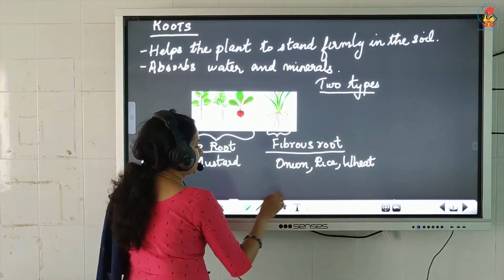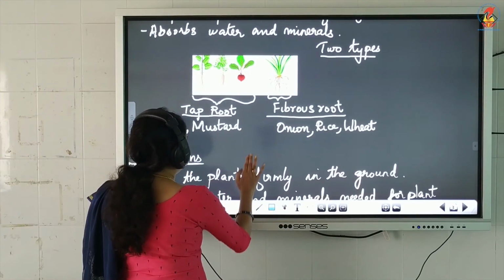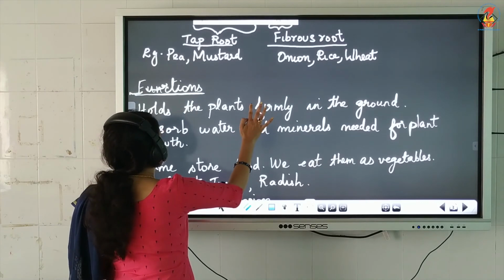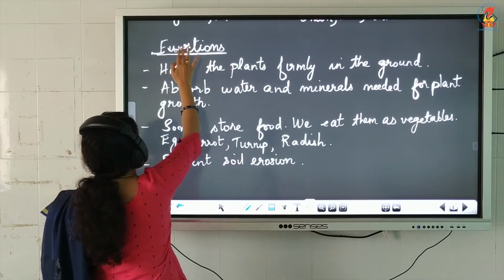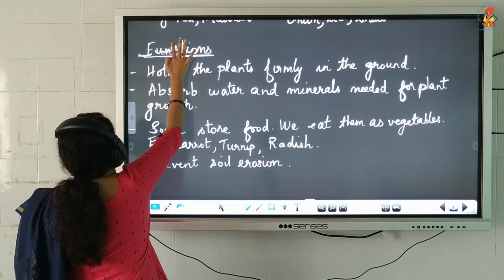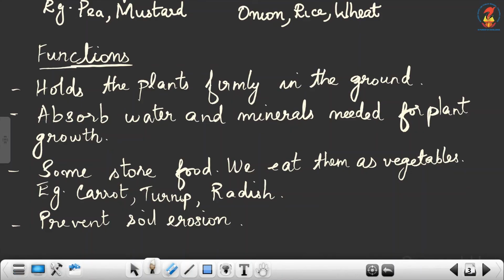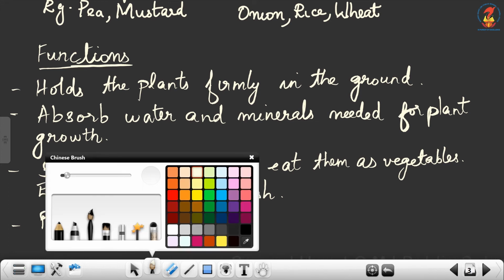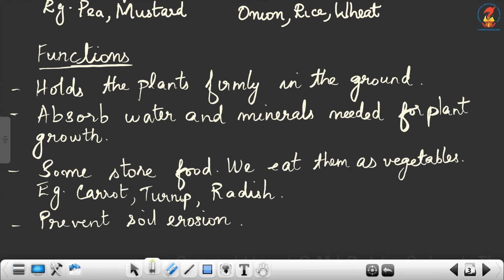So let's see in detail what are the main functions of the roots. What are the other functions of the root? Functions of root. So as I told you before, roots spread evenly on the ground. They spread evenly and hold the plants firmly in the ground.